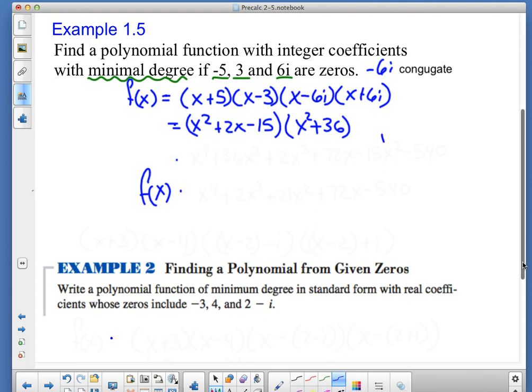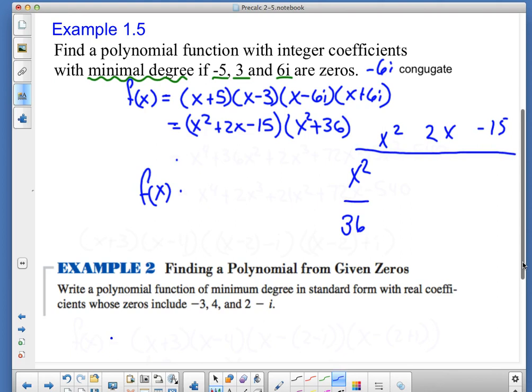If I've got x squared, 2x, negative 15, and x squared and 36, I can set it up like this and do kind of a lattice structure. I'm just showing you on something smaller because you can do a trinomial, quadnomial, whatever size you want. It's a little easier because they're in boxes, okay?